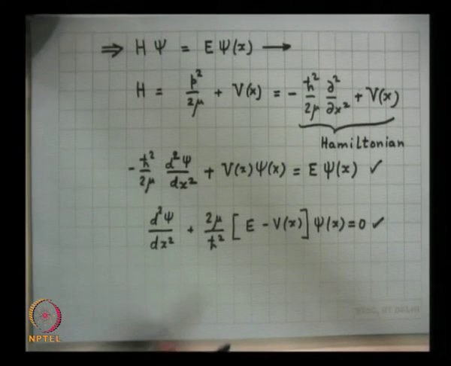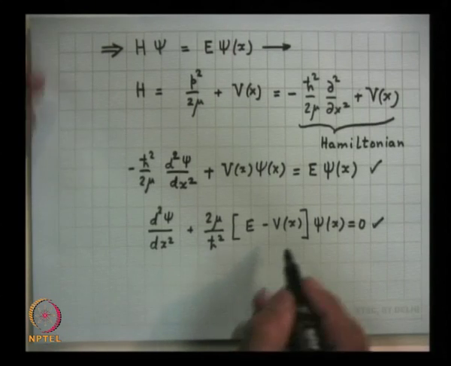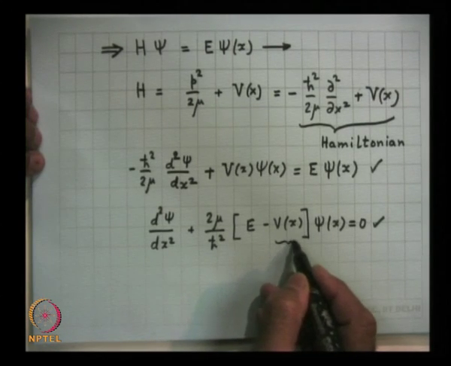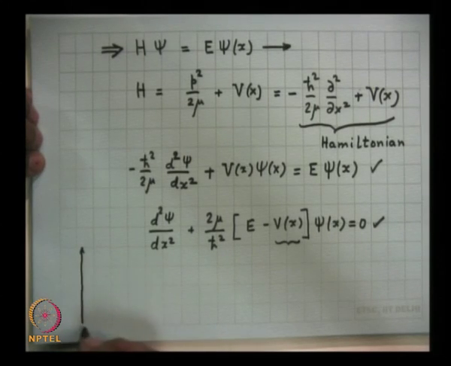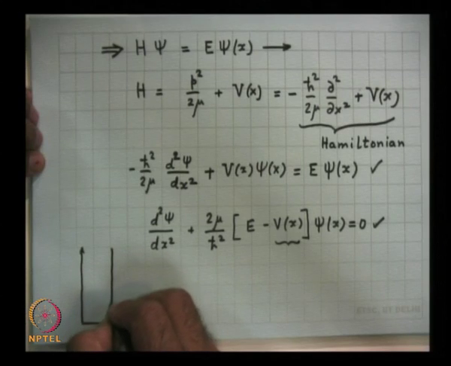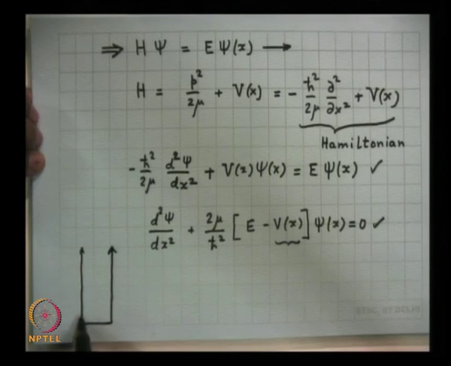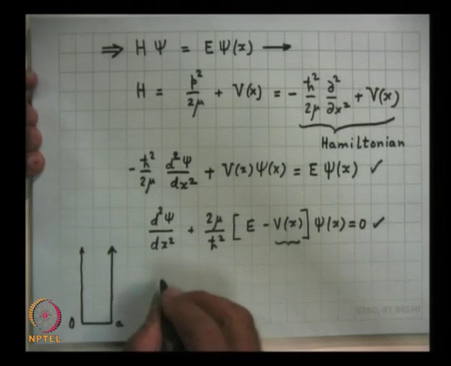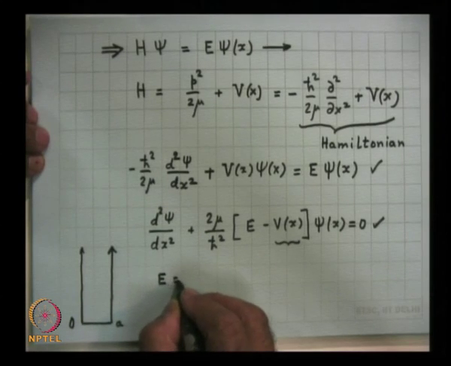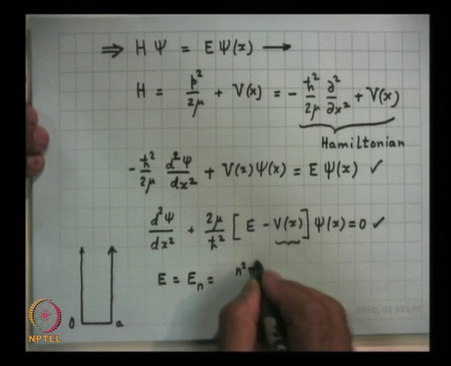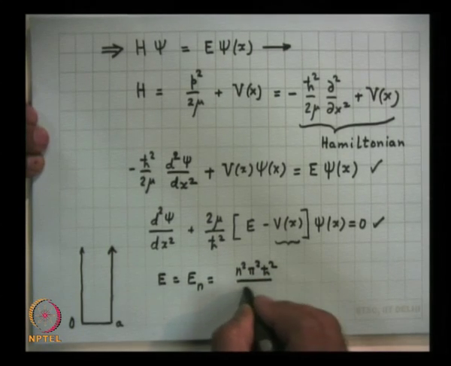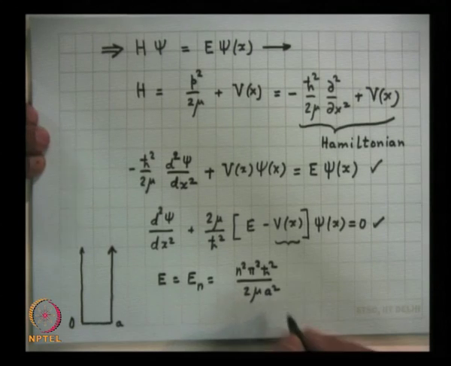Now, in my last lecture, I had assumed V of x to correspond to a particle in a one-dimensional box, and we had assumed the particle to be confined between x is equal to 0 and x is equal to a. And we had found that the energy eigenvalues are given by E n, which was equal to n square pi square h cross square by 2 mu a square.